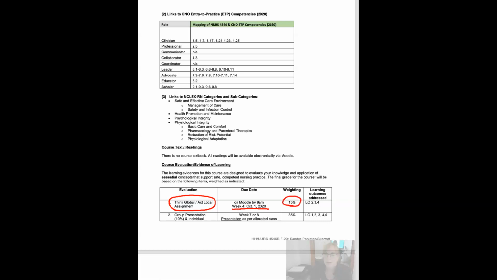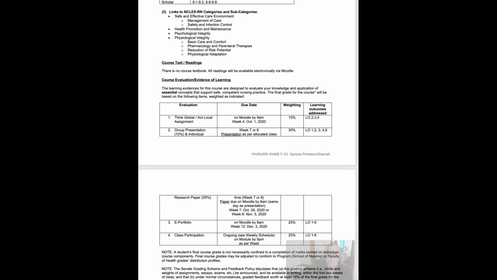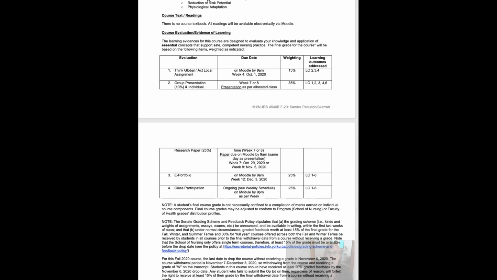You can find an overview of this assignment and all assignments in the assignments folder on Moodle, and I will also review these assignments again as we progress through our course.